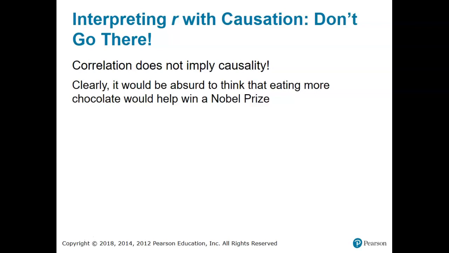So you can have correlation without it being cause-effect. We also looked at an example early on where we talked about ice cream sales going up as ski rentals go down. So there was a correlation between the two, but obviously one was not causing the other to happen. So you just have to remember that you can't always jump to the assumption that one causes the other.